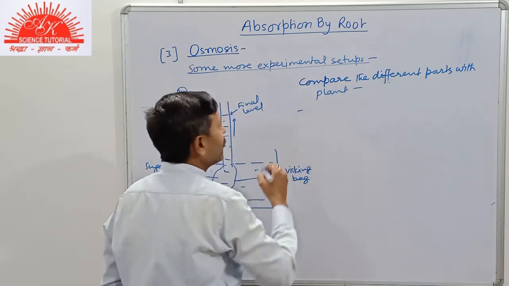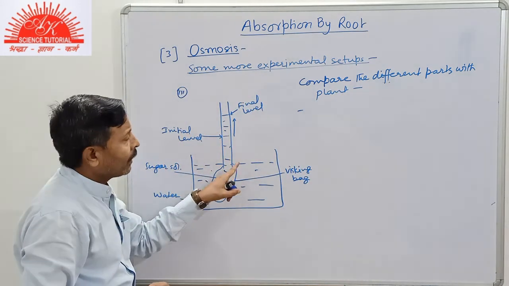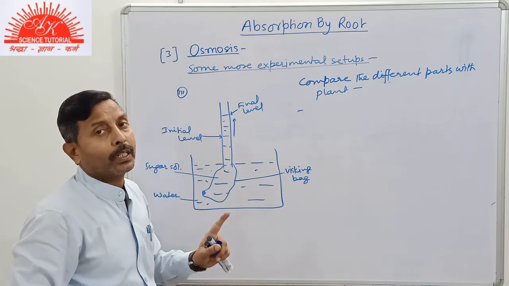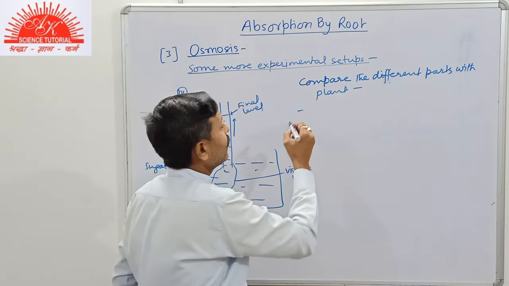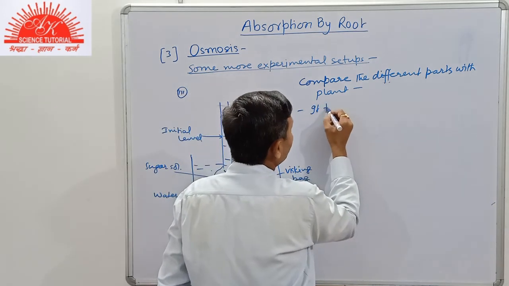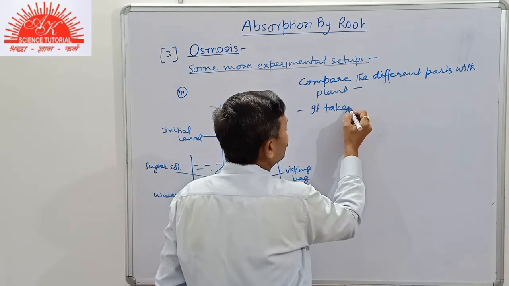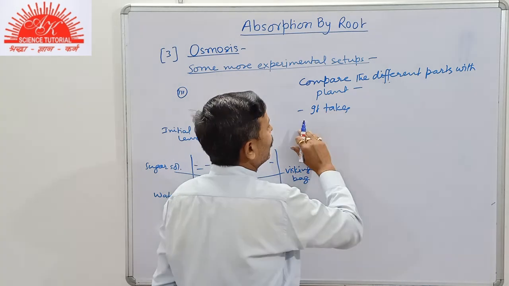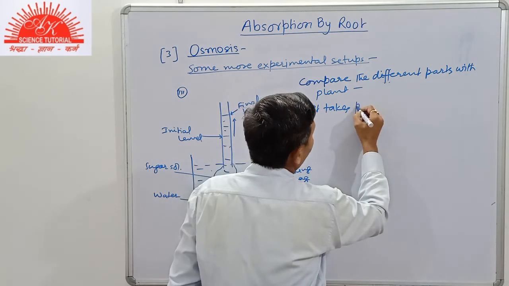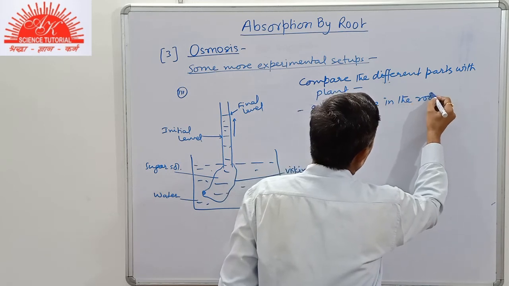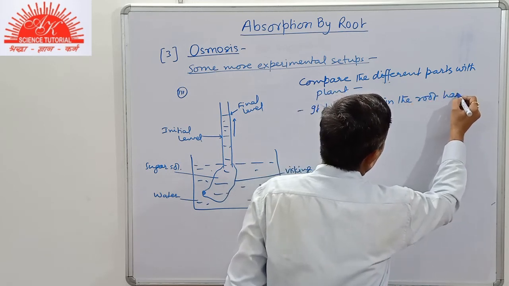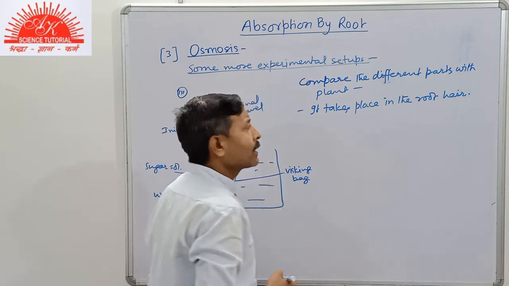So first of all we see that this phenomenon takes place in the root hair cells, because root hair cells absorb water from the soil. So if the question is asked, in which part of the plant does the phenomenon take place? We write it takes place in the root hair, or we can write root hair cell.